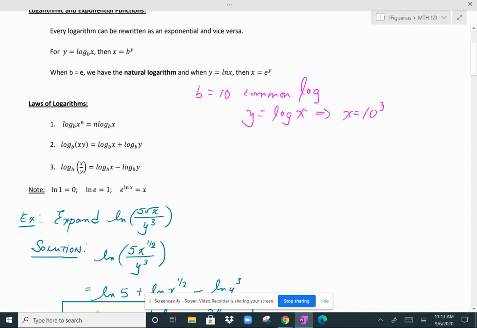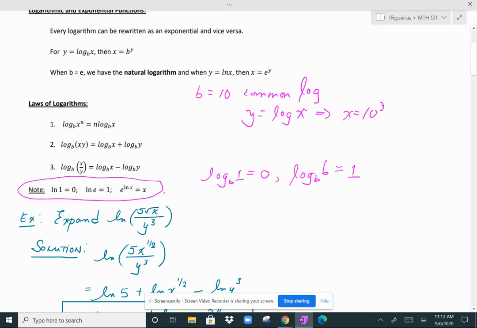And then just a couple of attributes for you to remember. The log of 1, in any base, will always equal 0. The natural log of e is equal to 1. In general terms, if you're taking the log base b of b, that's just equal to 1.